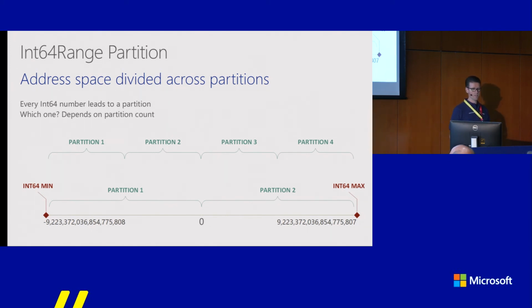So you see in the image, if there are two partitions, all the negative numbers will point to the first partition, and all the positive numbers will point to the second partition. You can also see that if there are four partitions, that range gets cut into 4 pieces. So that means that every number that fits into the long range will always point to a partition, no matter how many partitions you use.